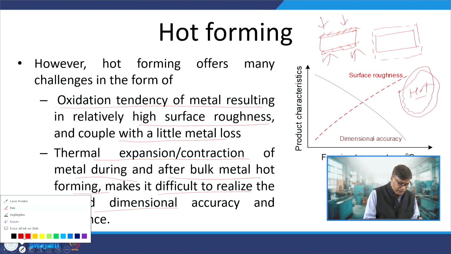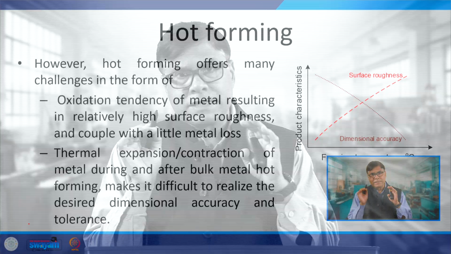So, the key issue here is that the desired shape and size in a metal under hot working condition is realized at high temperature. After giving the desired size and shape at a high temperature, when the metal cools down, it experiences shrinkage, and that contraction leads to the change in dimensions.